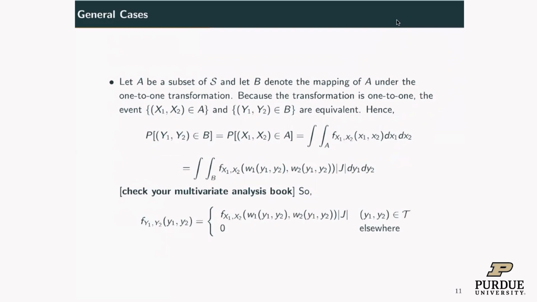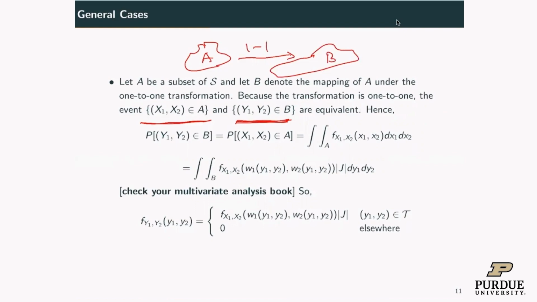Because the transformation is one-to-one, this event, (X1, X2) in A, is the same as (Y1, Y2) in B. This is A. You have a one-to-one transformation, so you will transform it to B. So the probability (Y1, Y2) inside B is the same as the probability (X1, X2) inside A. Since I know the joint distribution of X1 and X2, I know how to compute this probability.